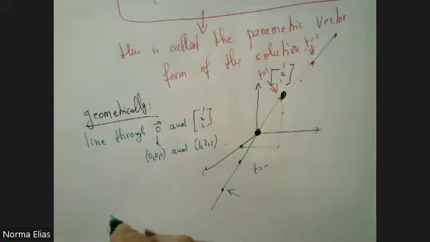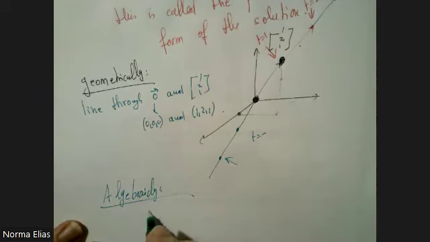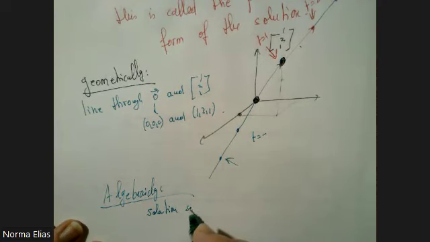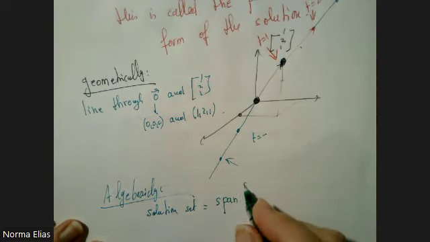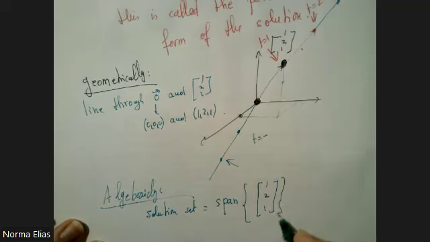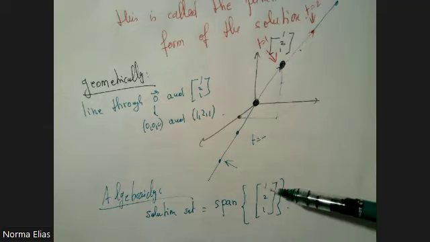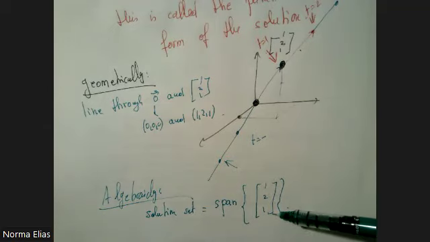Now, algebraically, what's the solution? The solution set is basically the span of the vector 1, 2, 1. That's what the solution set is, the span of this vector, meaning every linear combination of this vector.